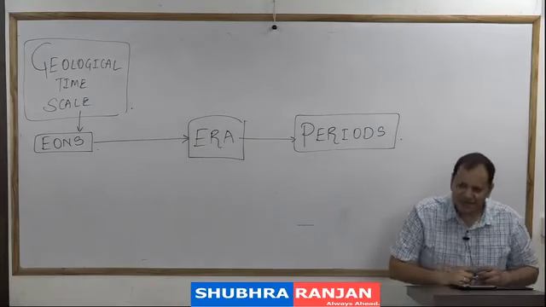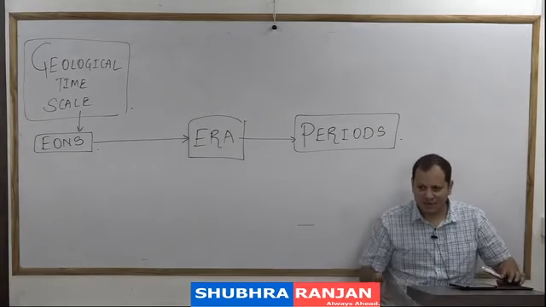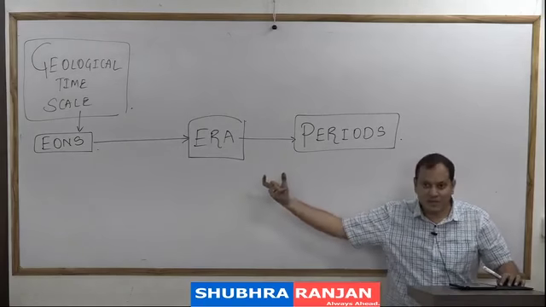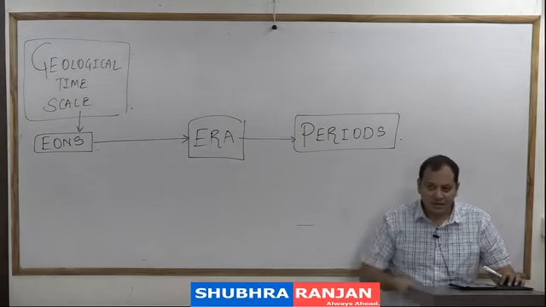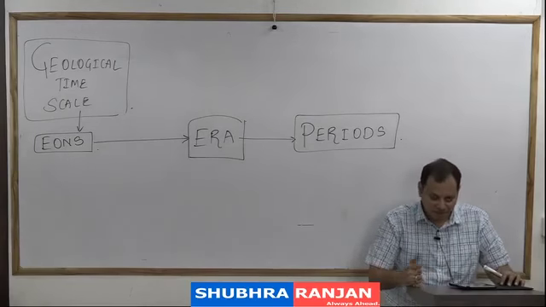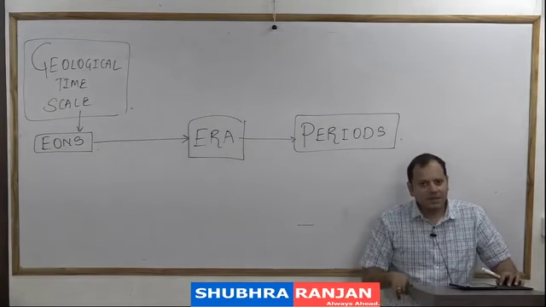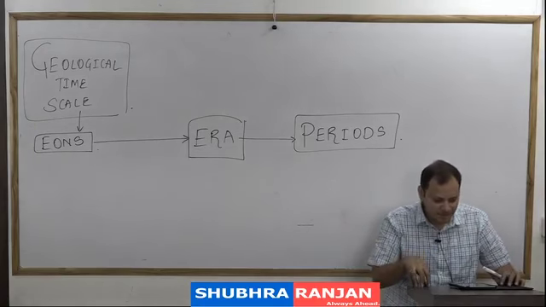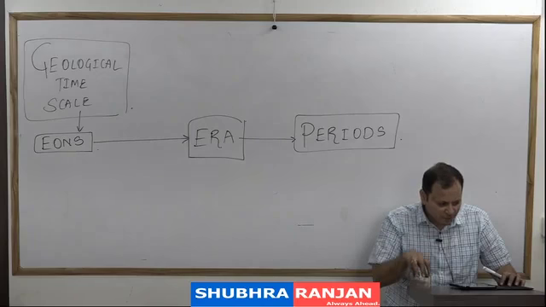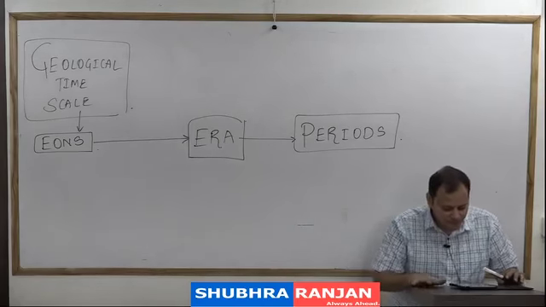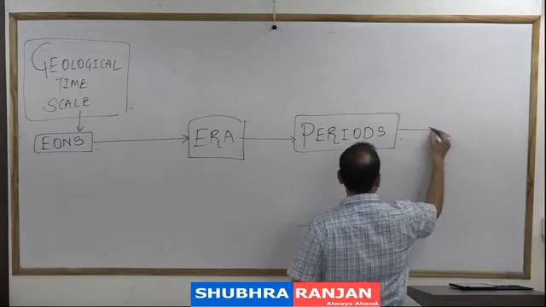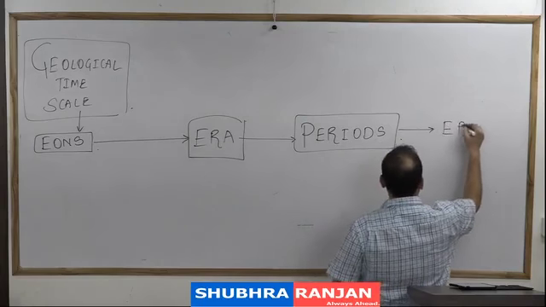We will come to these words again: Cretaceous period, tertiary period, we used them yesterday. So the tertiary period is a small subdivision of an era. The periods have further subdivisions which are known as epochs.